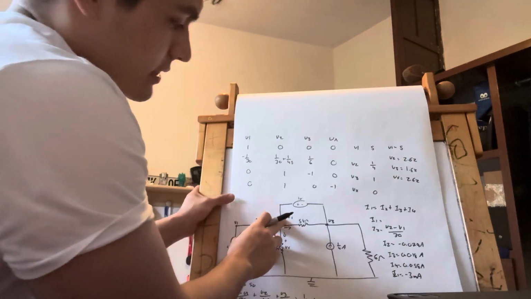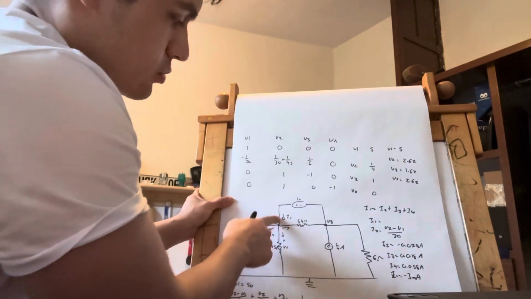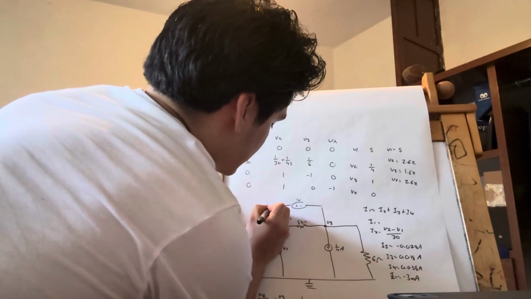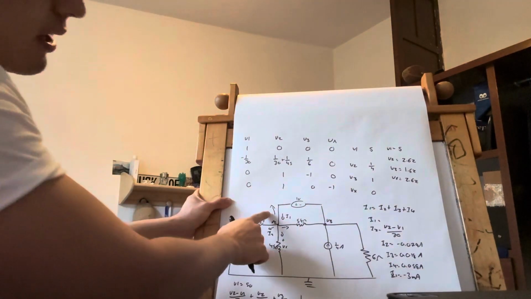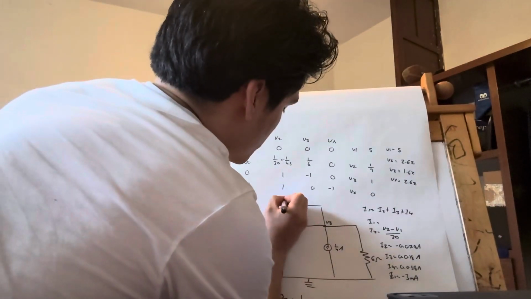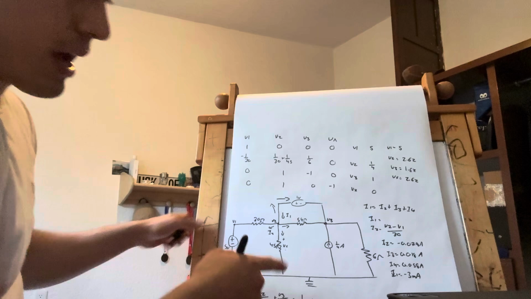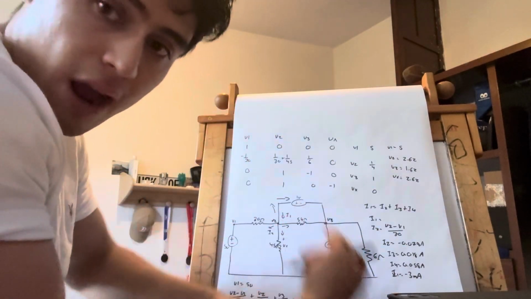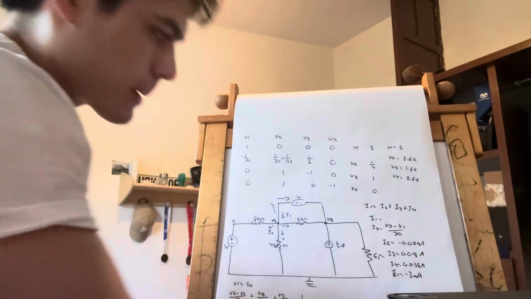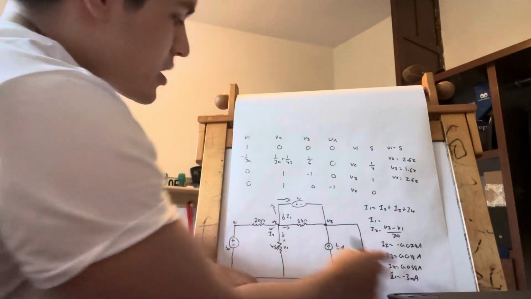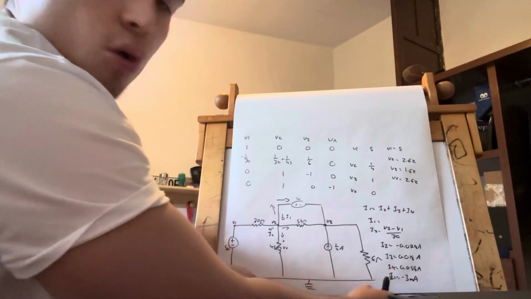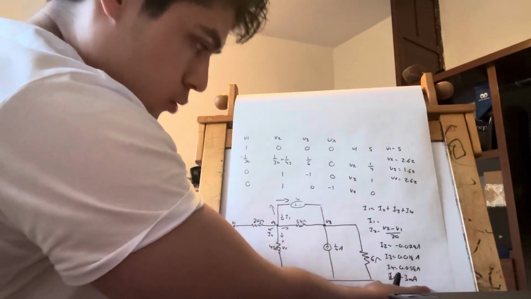So this current is not going this way, it's going this way. So it's going to be entering through the positive sign of our voltage source. Because we changed its direction, we changed its sign too.